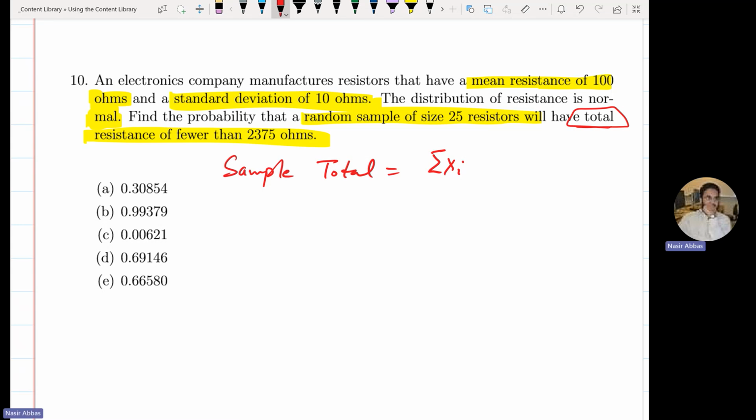It's the total. Total is the total, the sum of all the values. So the question is about summation x, not about x bar. Find the probability that the sample total is fewer than 2375.